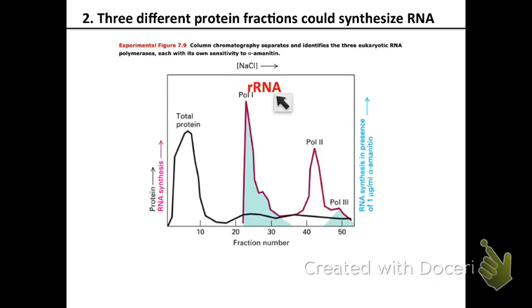So RNA polymerase 1 in eukaryotes is specialized to transcribe rRNA genes, so it's found in the rDNA, right? And then RNA polymerase 2 is transcribing mRNAs. So these are messenger RNAs that are going to be used for translation to make the proteins, right?